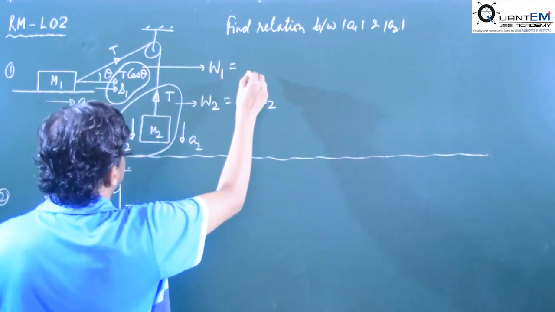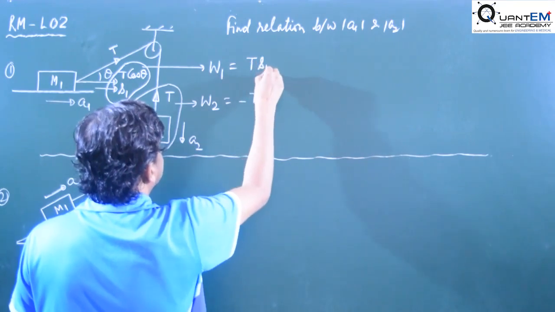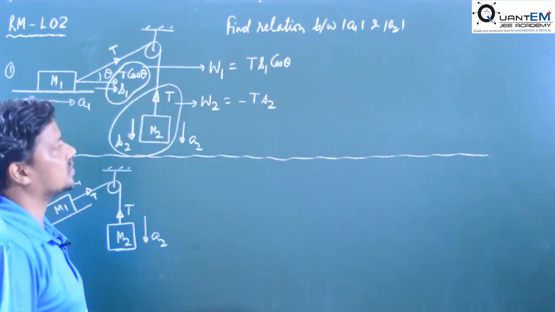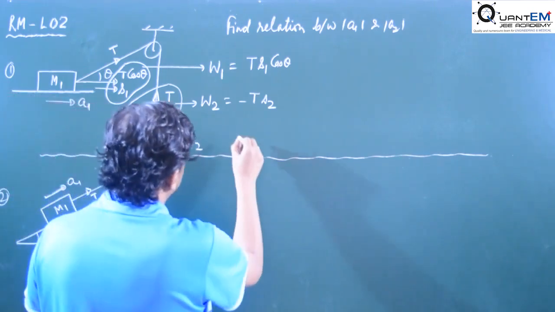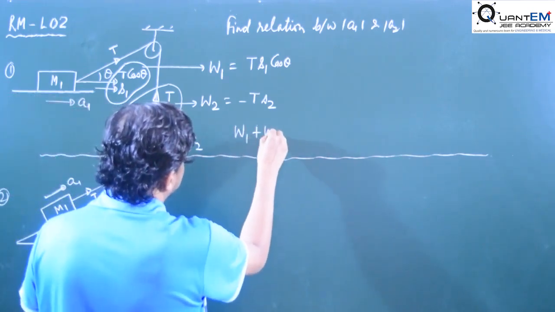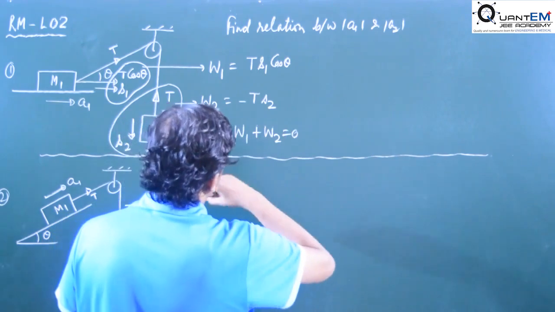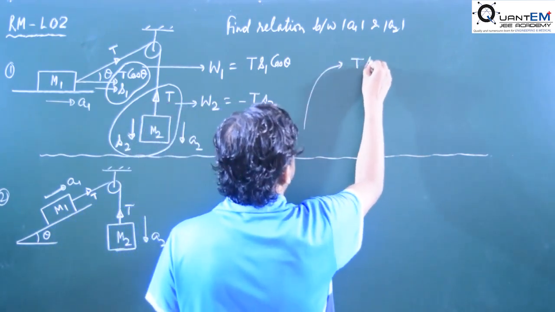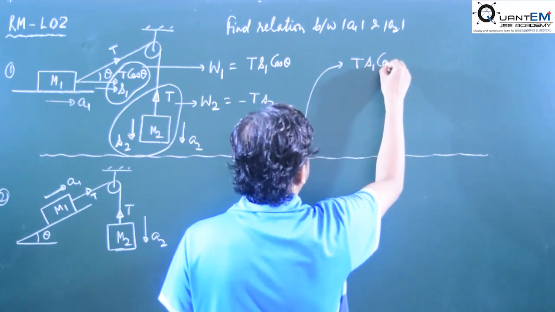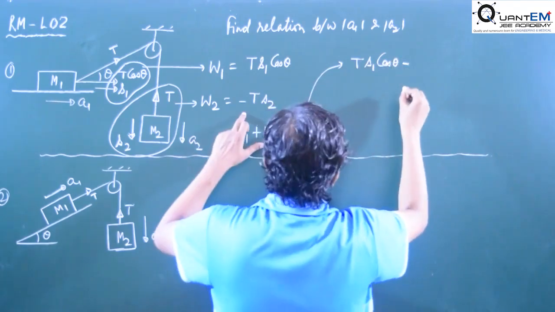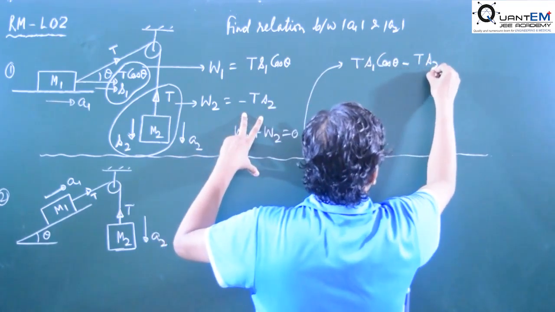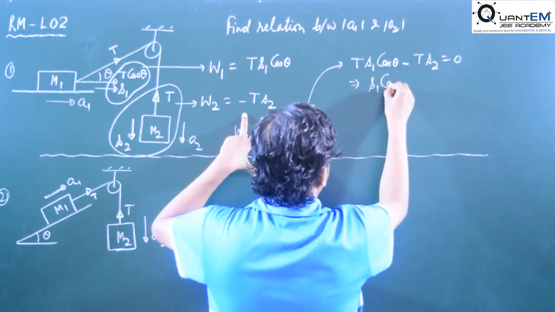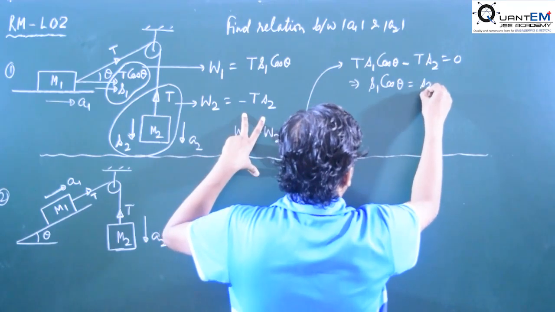So for the first mass, virtual work is equal to T s1 cos theta, and the net work done for the system will be 0. So we have W1 plus W2 is equal to 0. It implies that T s1 cos theta minus T s2 is equal to 0. So you get s1 cos theta is equal to s2.